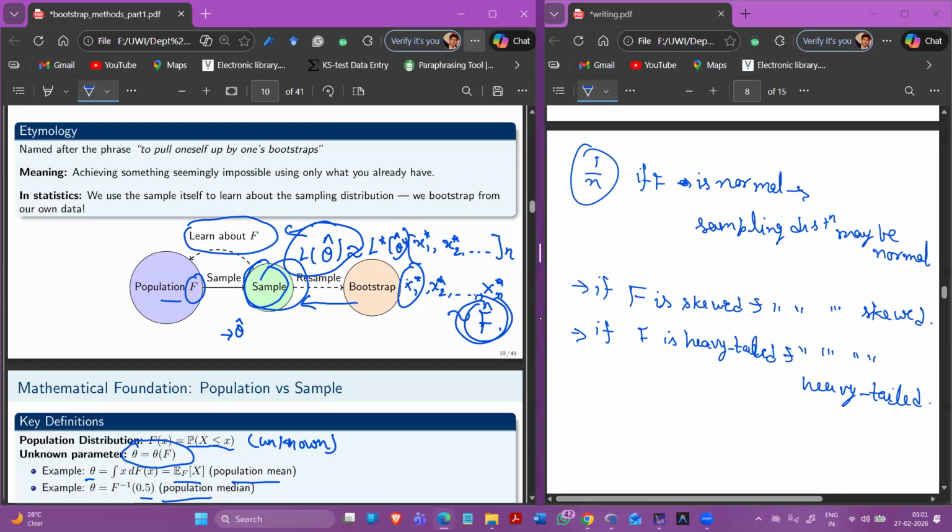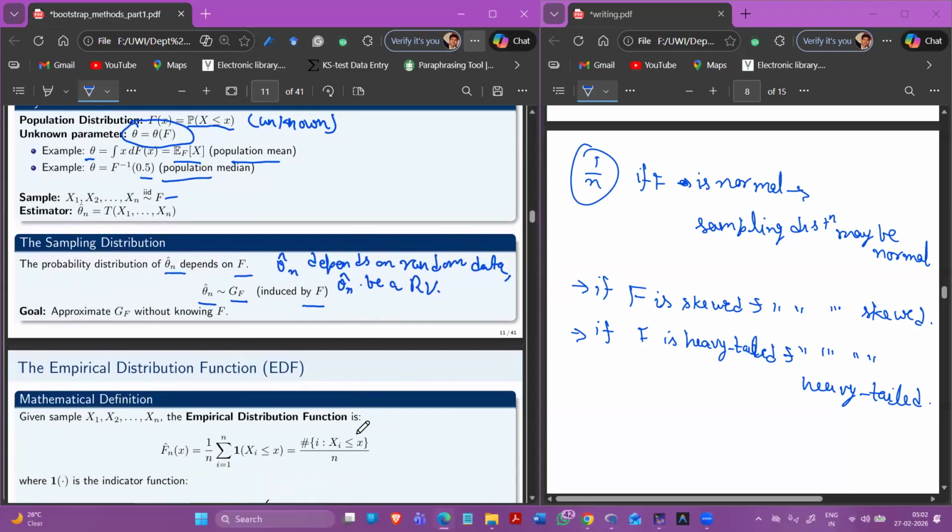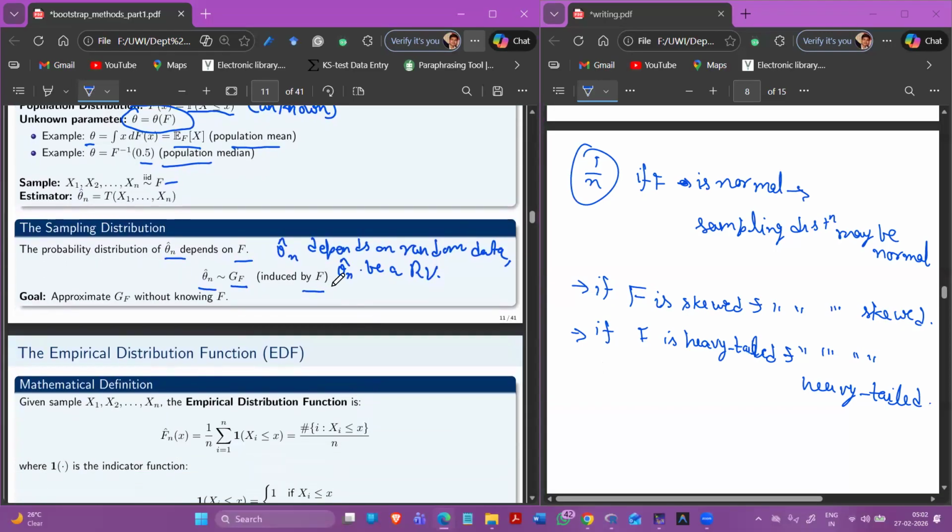When I draw the graph of the marks of my sample, it should also look normal. So when I take samples from this sample again and again, it should look like a normal distribution. The same thing I am going to do here. That's why I'm saying that G_F is induced by the F.